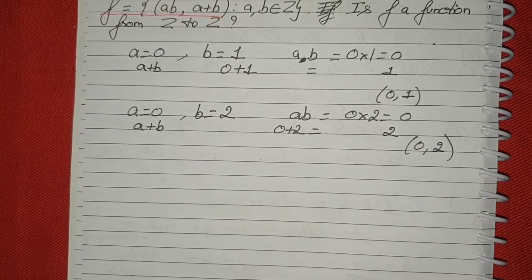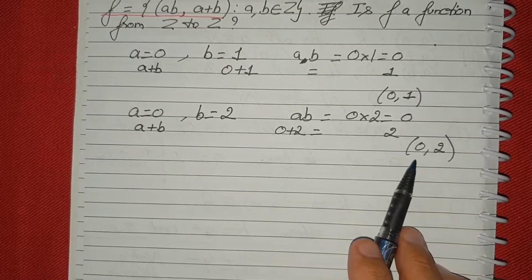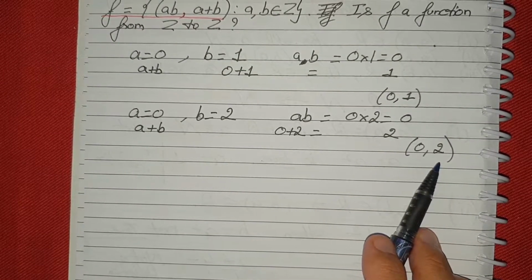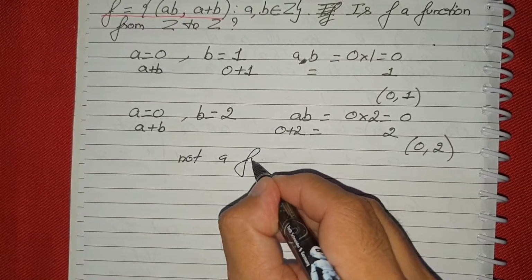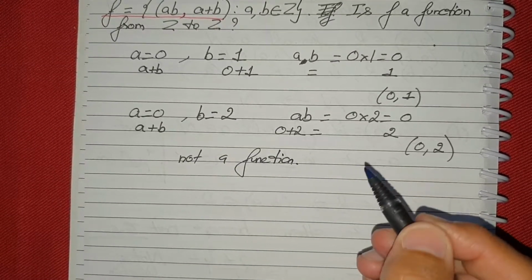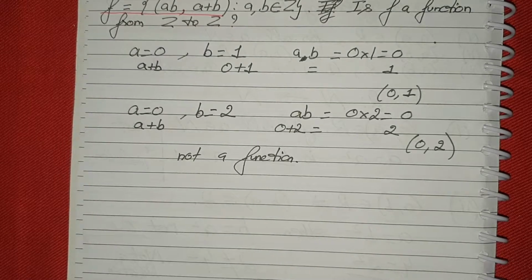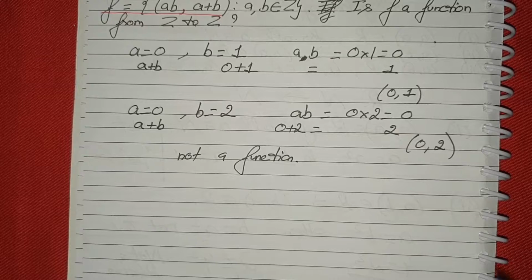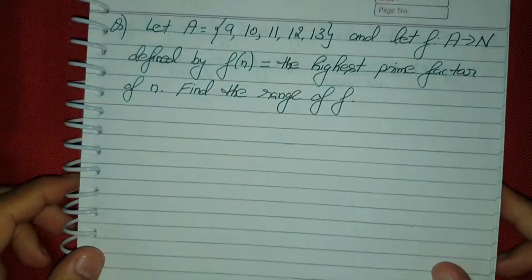So 0 comma 1, 0 comma 2. Hence this is not a function. As we discussed in the previous video, if they have the same first coordinate, it's not a function. Moving on to the next question.